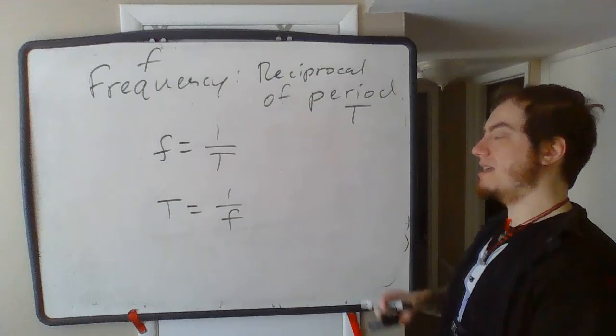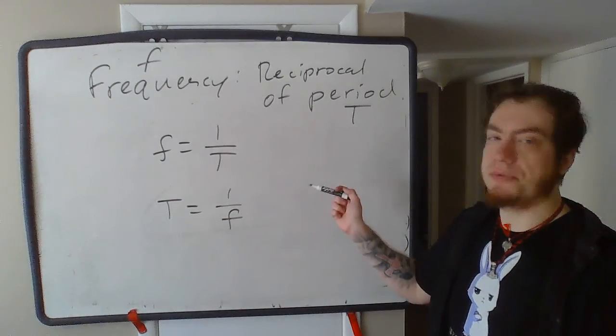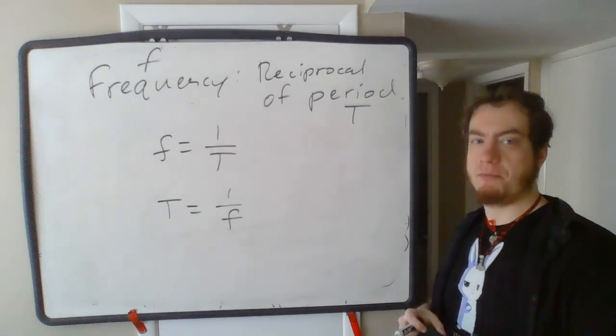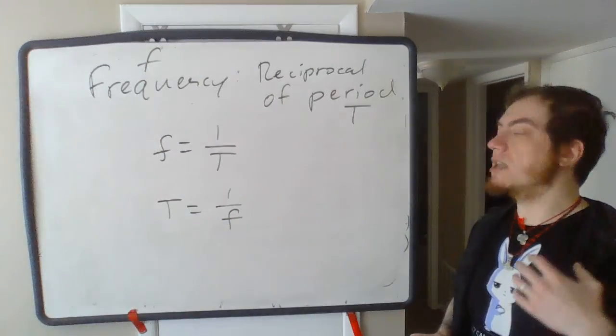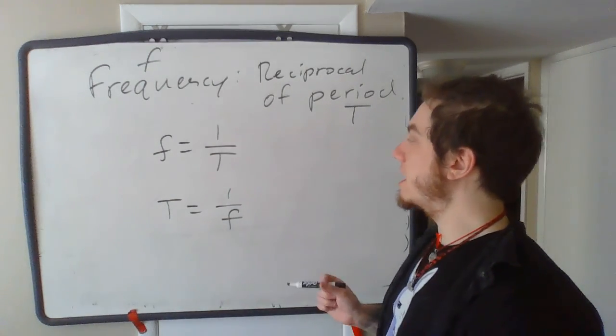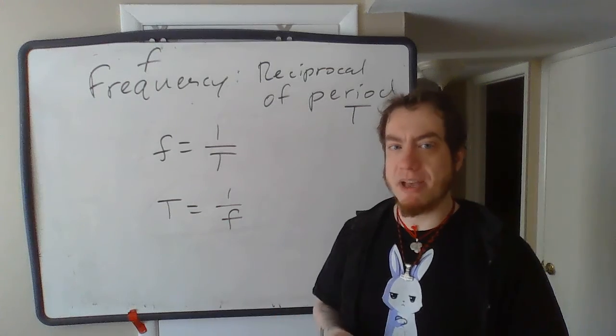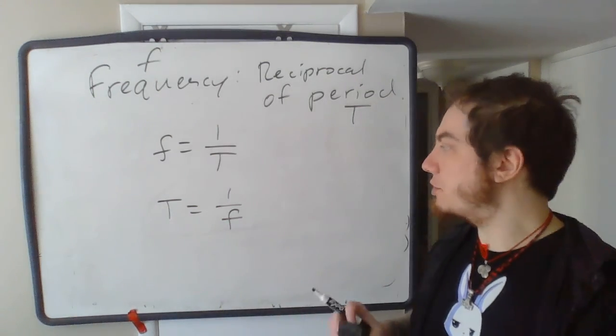Now, this isn't something that we need to worry about too terribly much here, but it turns out that there are a lot of applications where you have periodic functions where it's sometimes more convenient to think about the frequency than the period. And what is the frequency really measuring? Well, the frequency is really measuring how many cycles you get over a given interval.